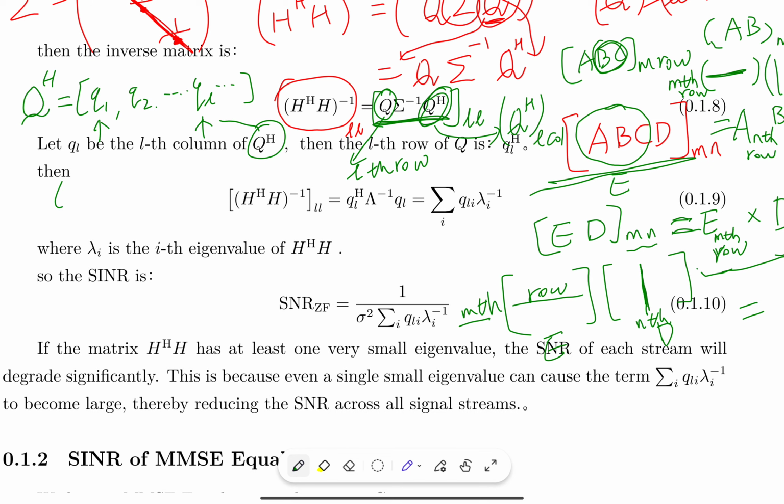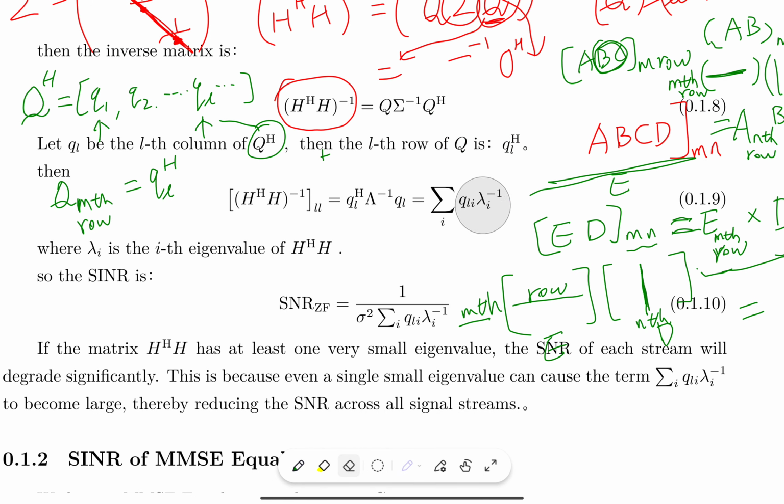So Q's mth row is equal to QL conjugate transpose. So finally we get this one. Here I need to modify: this one is sigma, and this is lambda. We use different symbols, so I need to change it. So here is sigma.